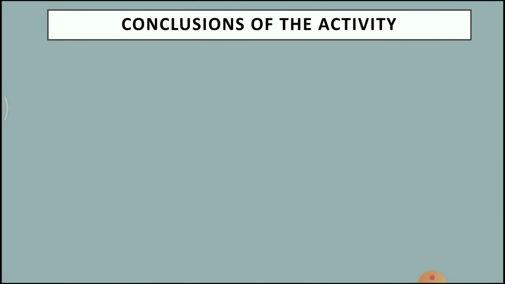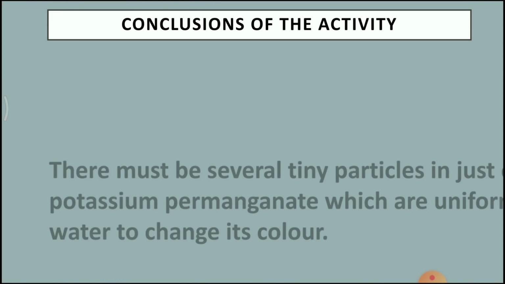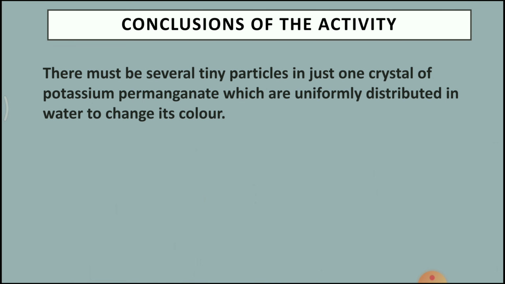What do you understand from this activity? Conclusions of the activity. We can do this activity with copper sulfate also. There must be several tiny particles in just one crystal of potassium permanganate which are uniformly distributed in water to change its color.